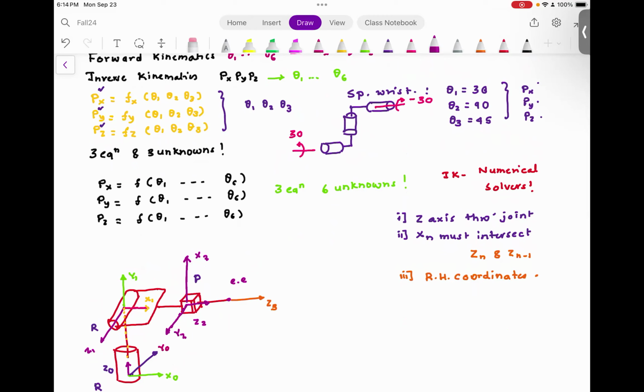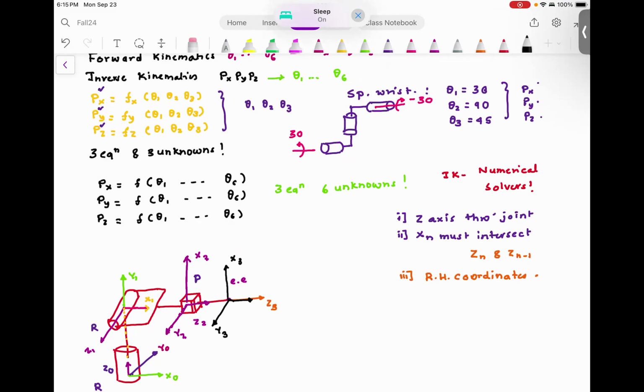So please understand, this coordinate frame does not satisfy the rule, which means we have to translate it back. You remember, we have to translate it back. But let's go on further. Right now we have the last coordinate frame. I'm going to use the same coordinates. This is Z3, this is Y3, and this will be X3.